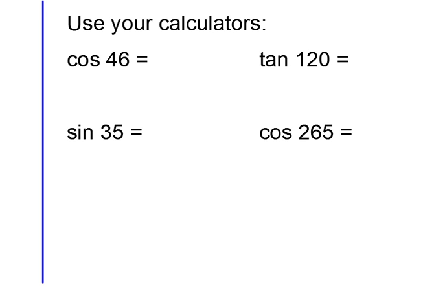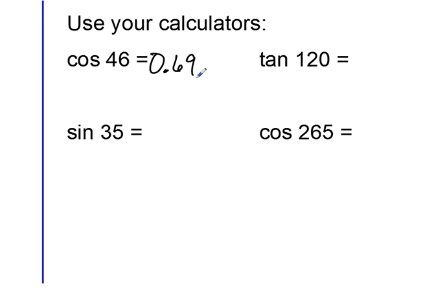We can also find these ratios expressed as decimals by using our calculator. When we do this, you need to make sure that your calculator is set to degrees. When you get into class, if you're uncertain how to set any calculator, whether you use your smartphone or any other calculator, to degrees, ask me and I'll show you how. So the cosine of 46 is equal to 0.69, and this is rounded.